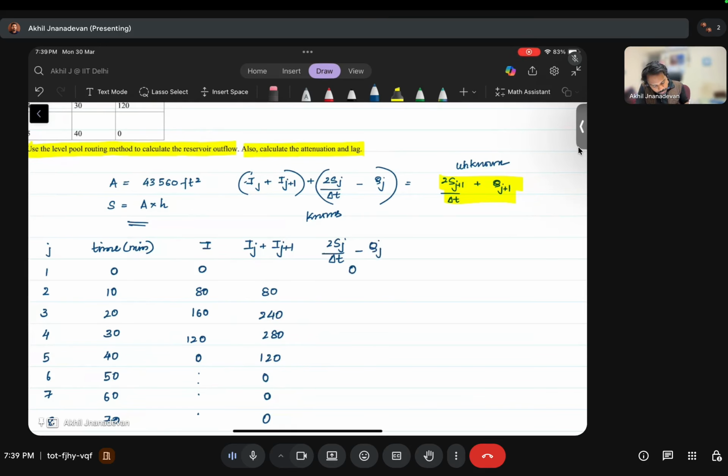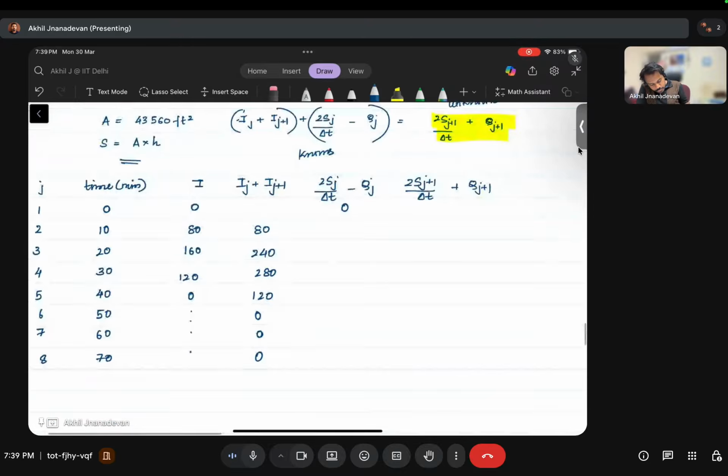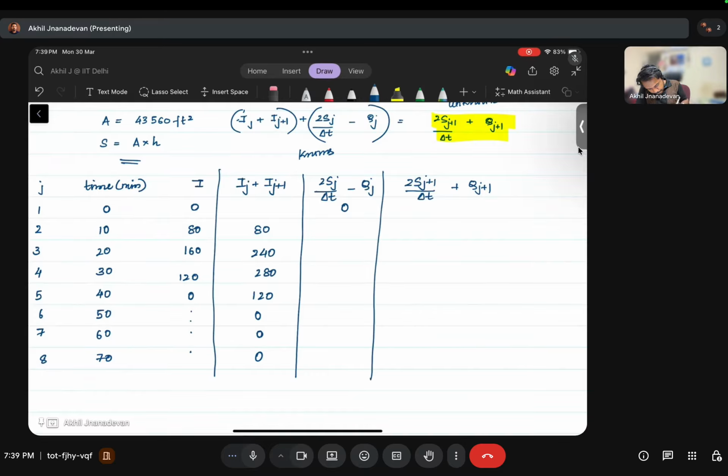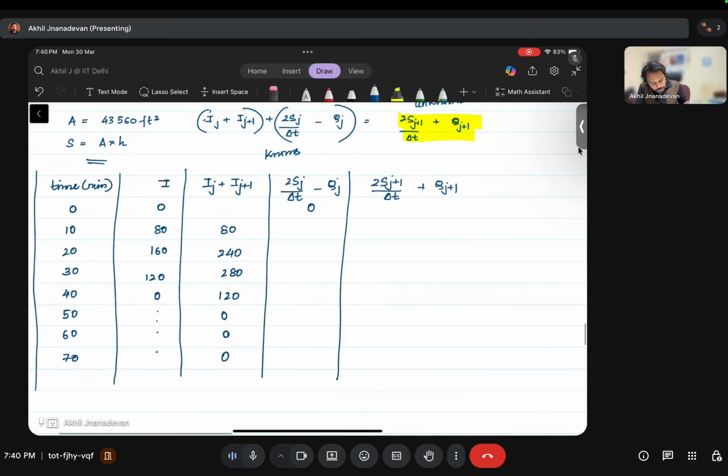And here we have the unknown 2Sj+1 by delta t plus Qj+1. Initially we won't have any value because Sj+1 we have not calculated yet, and the final Q will be 0 because the initial outflow is 0.